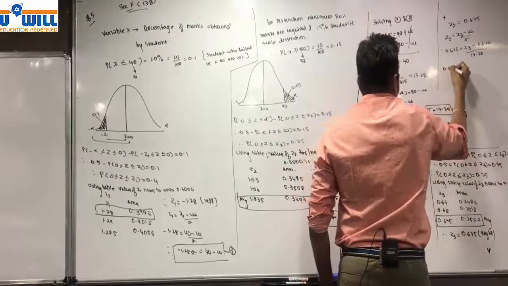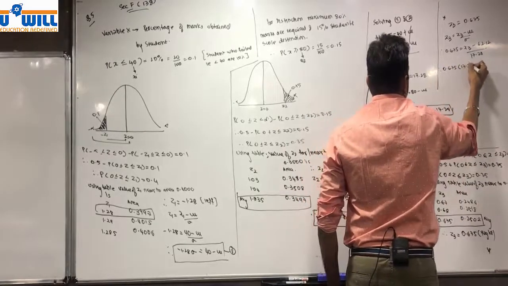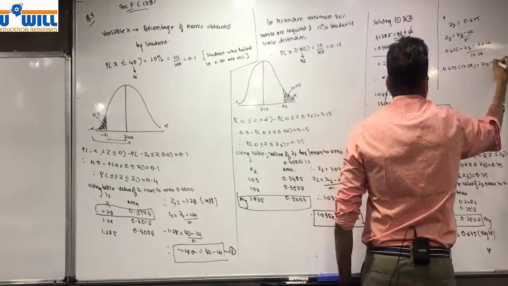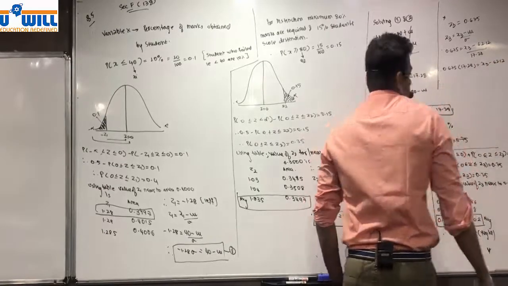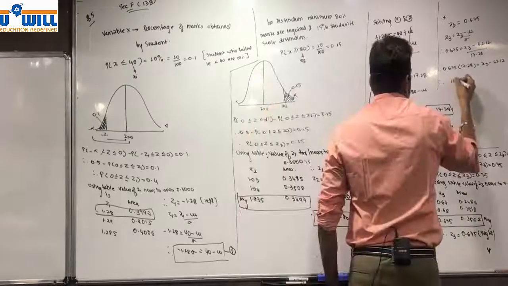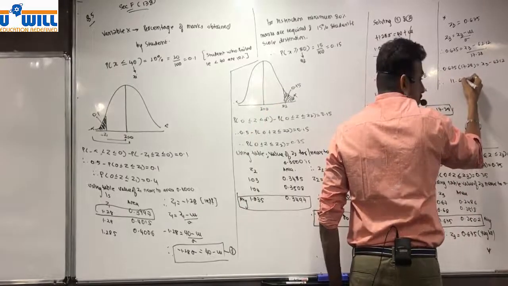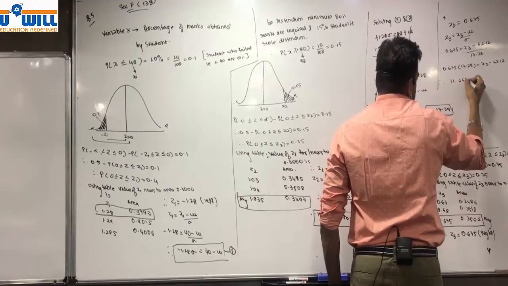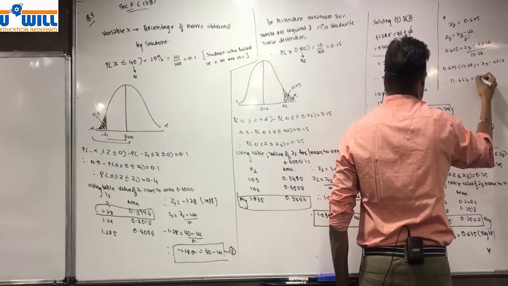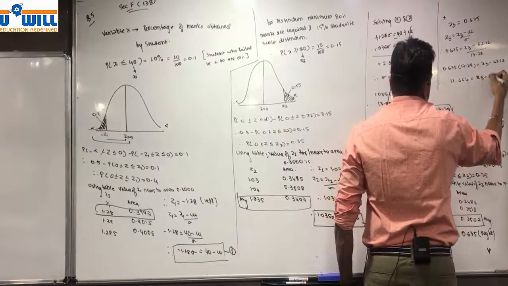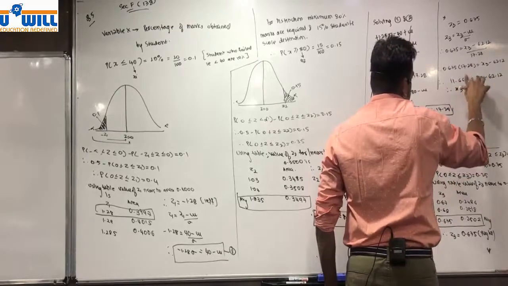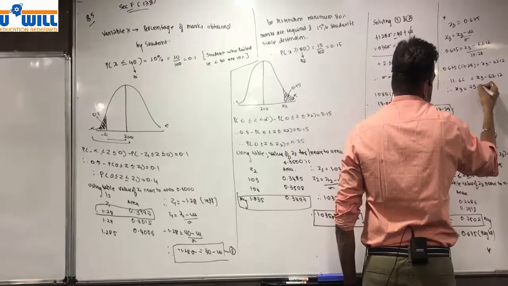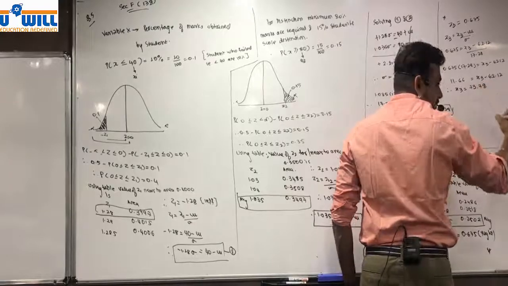Therefore, 0.675 into 17.28 is equal to x3 minus 62.12. That is 11.664. 11.664 is equal to x3 minus 62.12. Therefore, x3 is equal to 73.78.